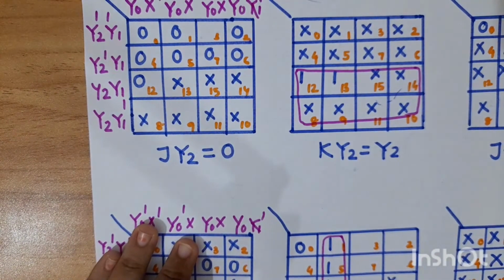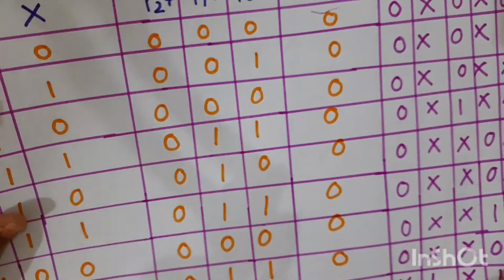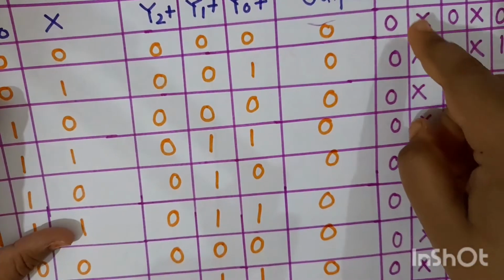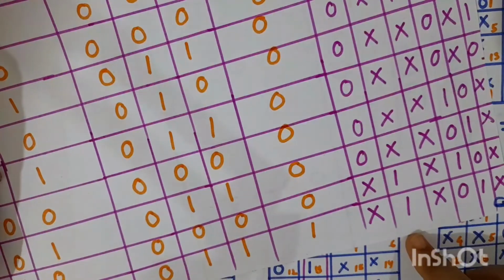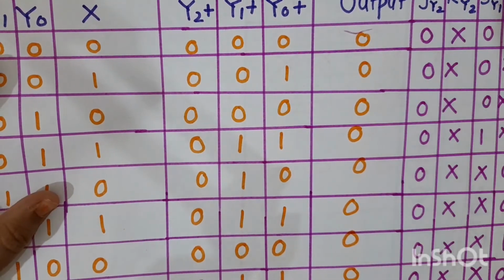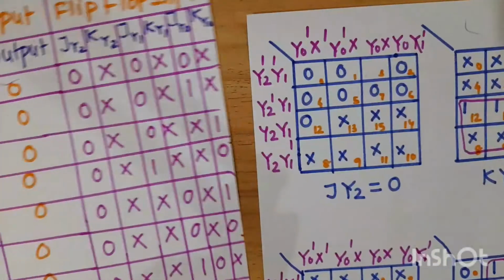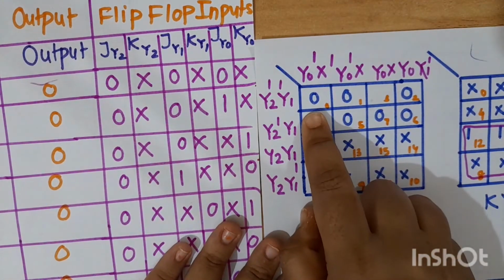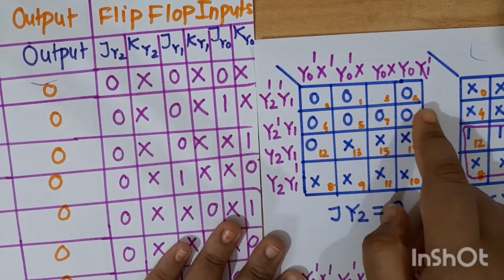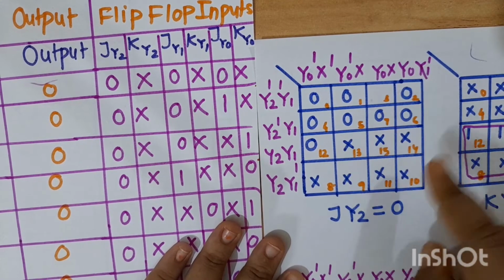Then after that, you see, I have copied from here J y2. What are the states? It is 0, 0, 0, 1, 2, 3, all 0.